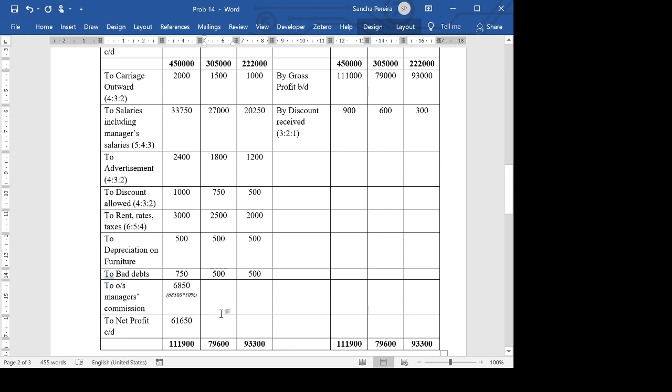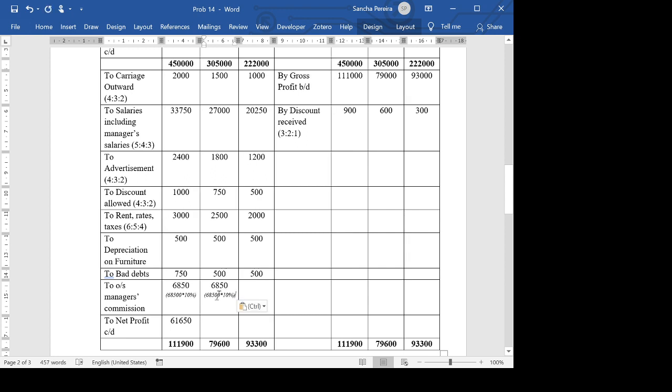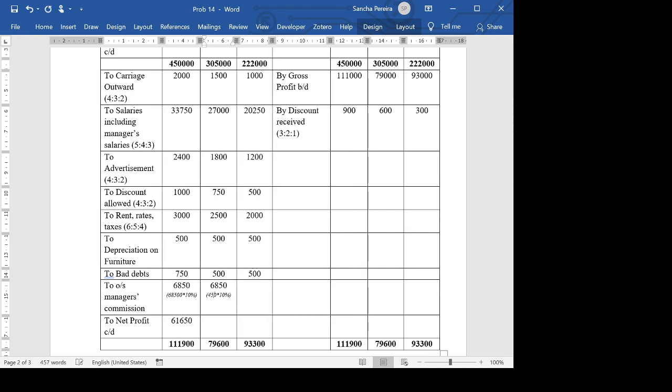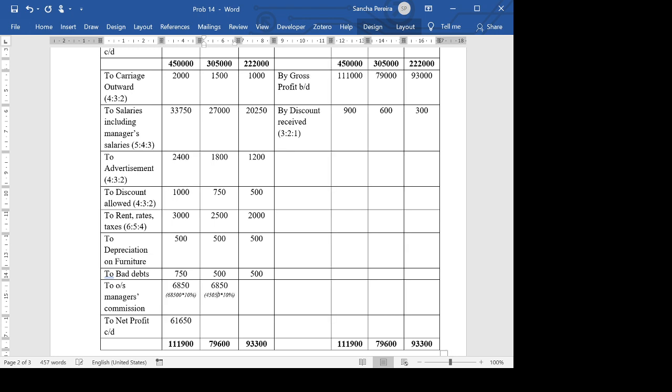So here we get 45,050. 45,050 into 10% will be 4,505. And from 45,050, I'm going to minus 4,505, which will give me 45,405. That's the actual net profit, 45,405.